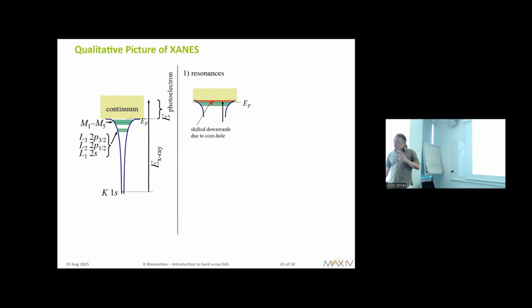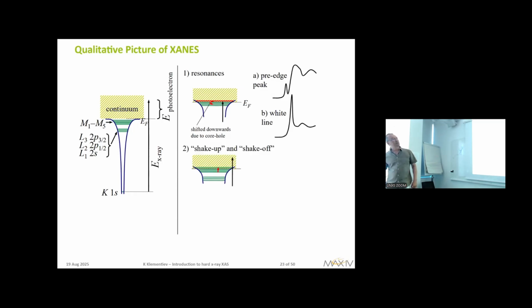What is also different in the real world and the spectroscopically excited world is that the levels close to the Fermi level are actually shifted down by the presence of the core hole. So when you look at these resonances as a pre-edge peak or as the main line peak, you should understand that the Fermi level is somewhere above.